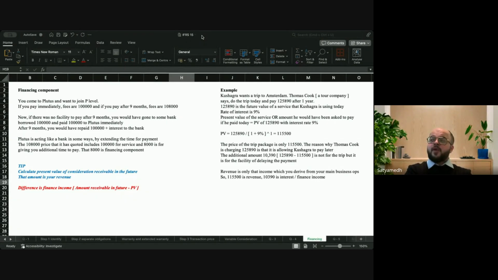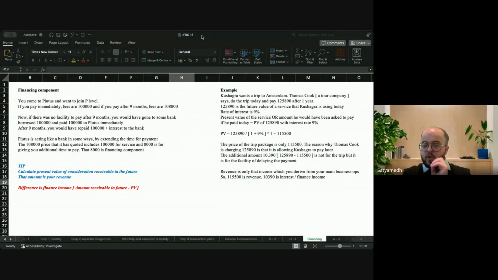So isn't this a little like interest? Whenever somebody gives you the facility to delay the payment, that person charges extra money from you, and that extra money charged is called interest.